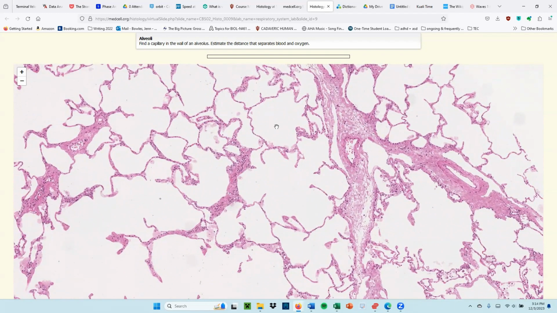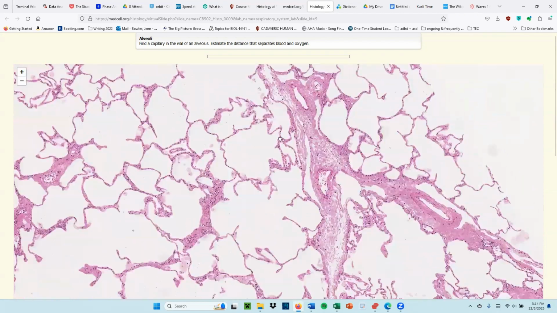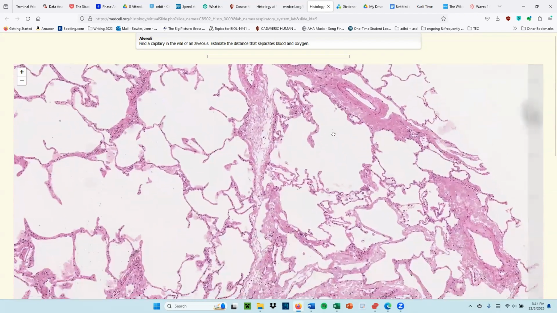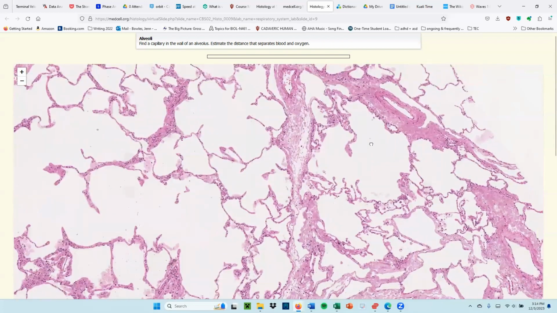The reason for that is we need a way to dilate these vessels when we need to increase our air intake. And there's also a way to reduce dilation when we don't need as much air supply. So that's going to be related to a sympathetic versus parasympathetic response, fight or flight. But that's why we have this smooth muscle, so that it can contract and dilate depending on other signals.